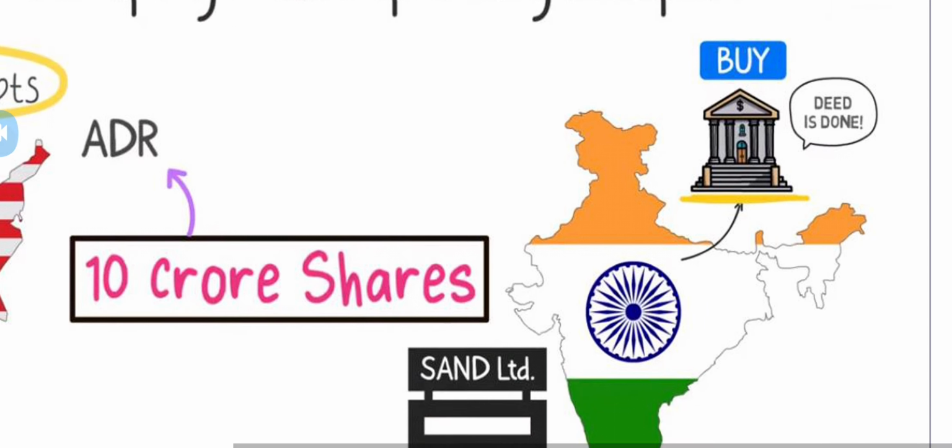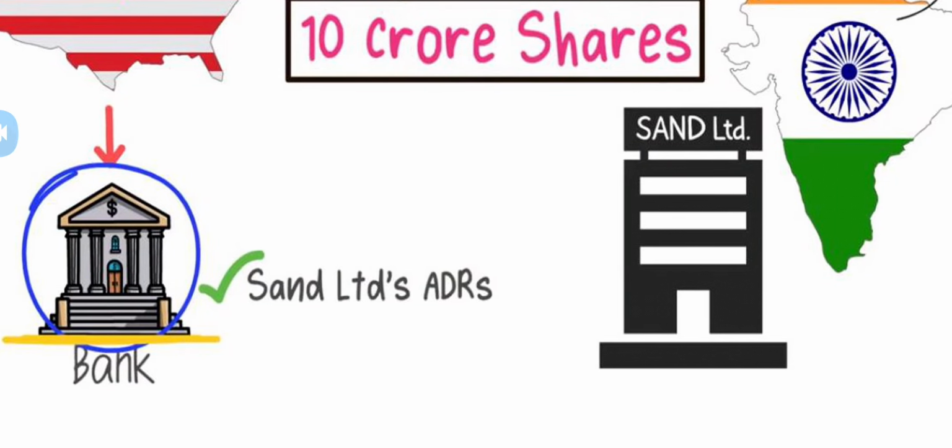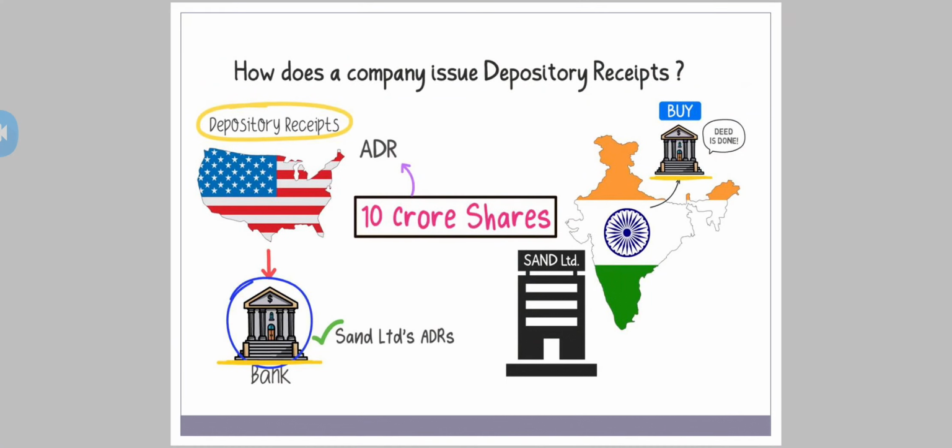So here the bank will buy the shares of Sand Limited and inform the home branch that the ADRs are received, and then the ADRs will be traded in the other country.